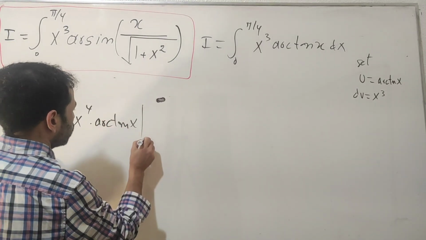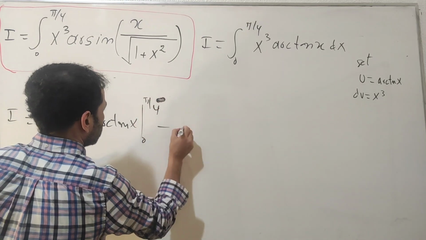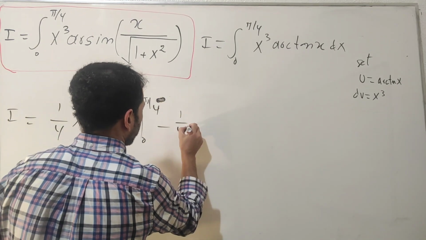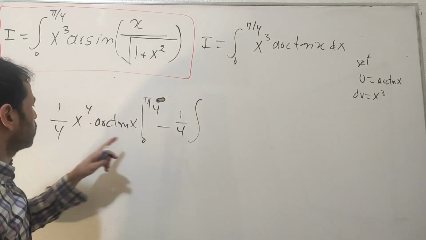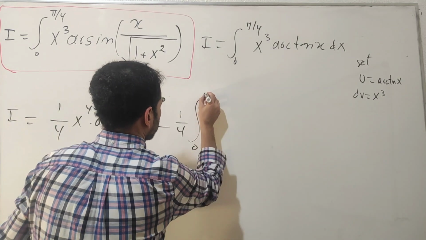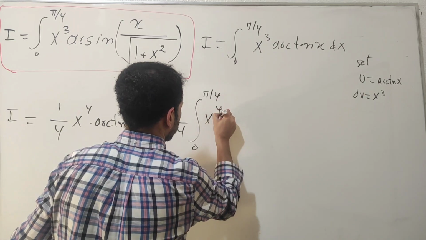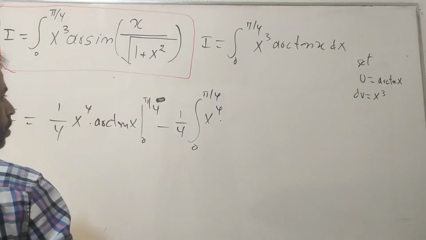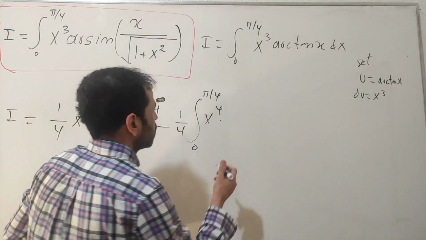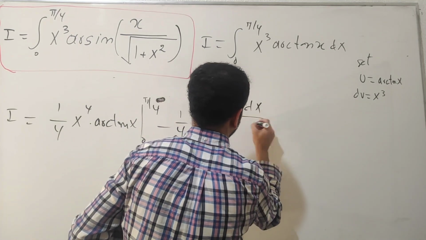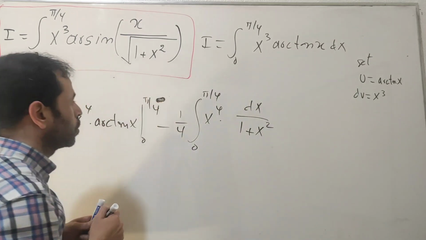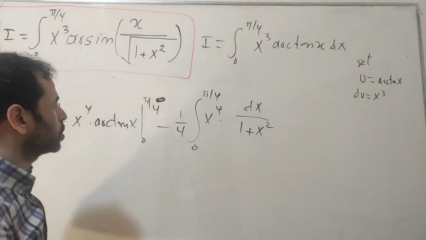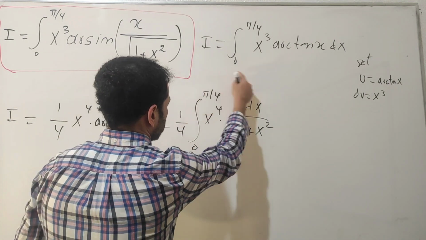It was evaluated from 0 to pi over 4, minus another integral, which is 1 over 4 times the integral from 0 to pi over 4 of x to the 4th, multiplied by the derivative of arctangent, which gives us dx over 1 plus x squared. Okay, so we simply need to calculate this integral.